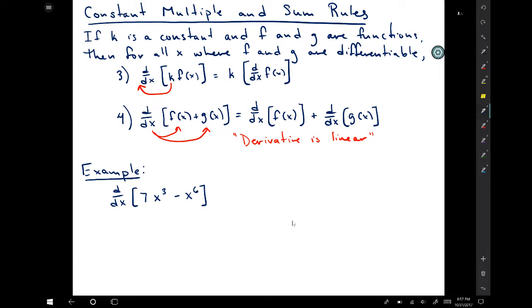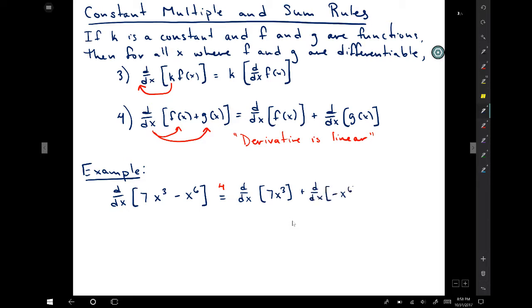So let's apply these two rules along with the last rule to one example. So first, when I'm taking the derivative of 7x cubed minus x to the 6th, I want to use rule 4. I'm using rule 4 to break this up as the derivative of 7x cubed plus the derivative of negative x to the 6th.